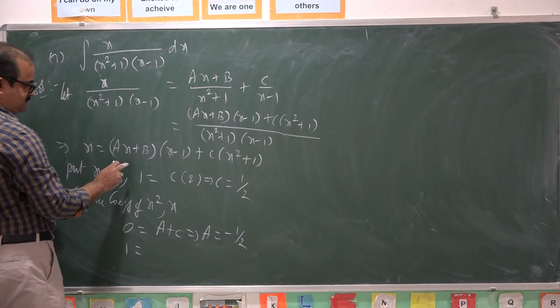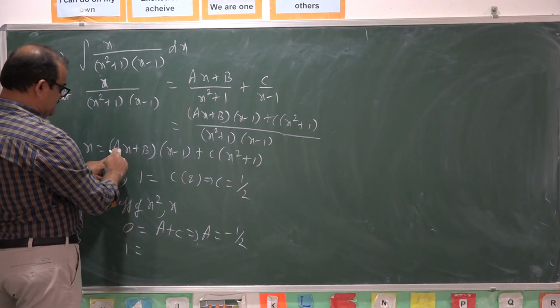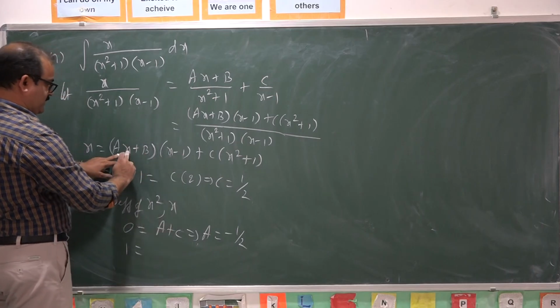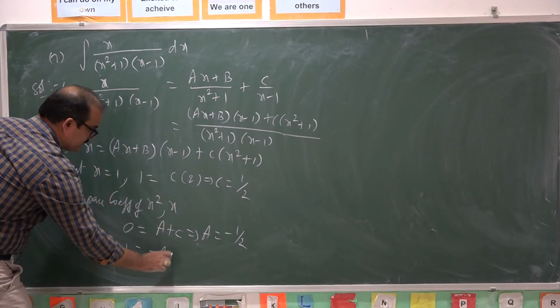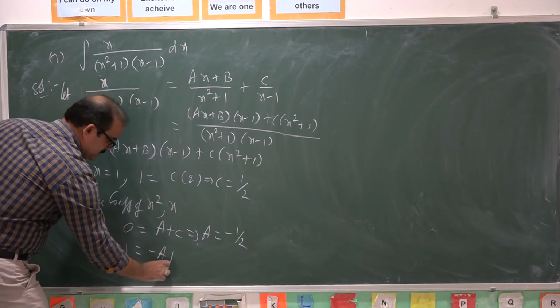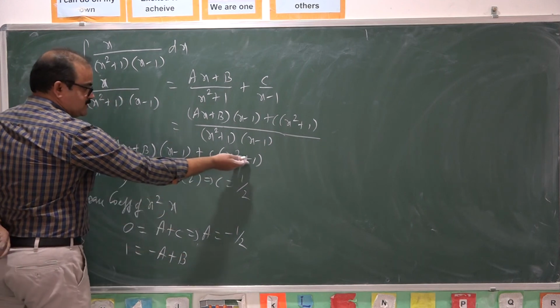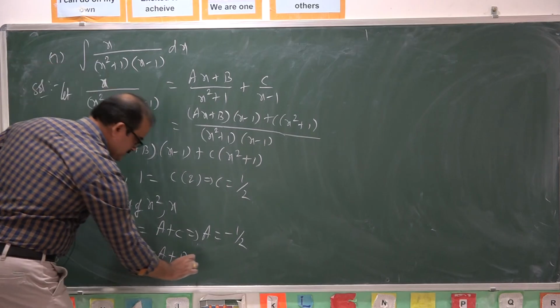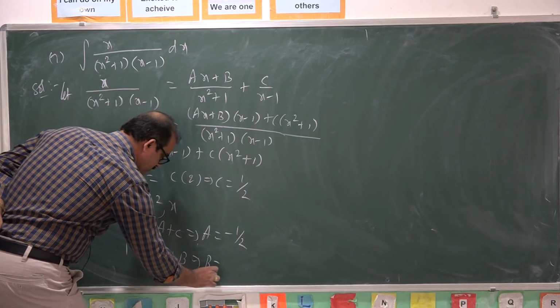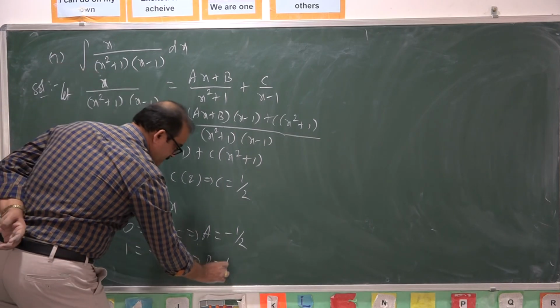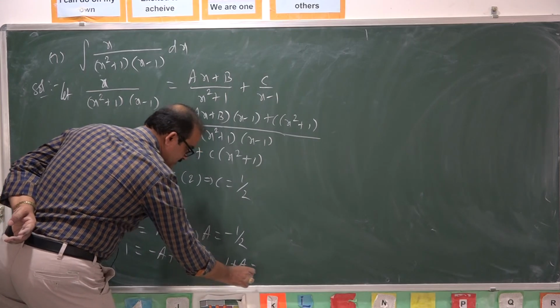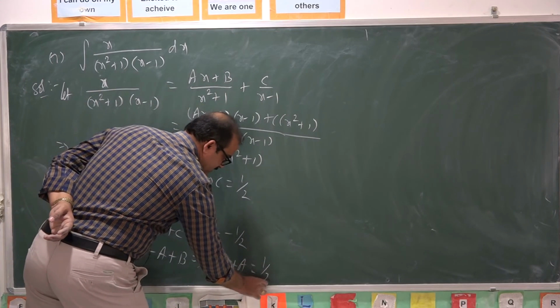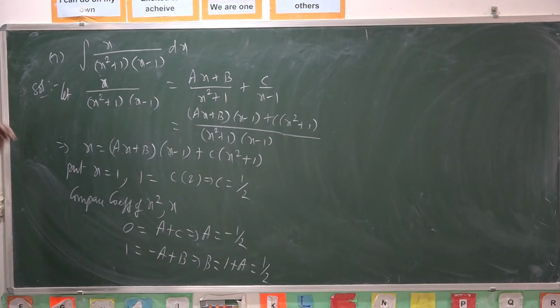In RHS, ax into minus 1, so x coefficient is minus a, plus bx, plus b. There is no x term here. Minus a plus b is equal to 1, so b is equal to 1 plus a. 1 plus a, that is 1 minus 1 by 2, that is 1 by 2.